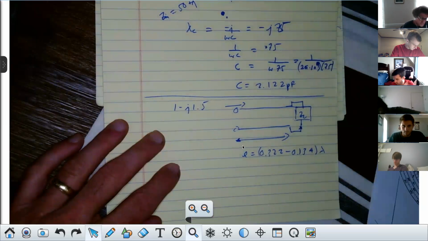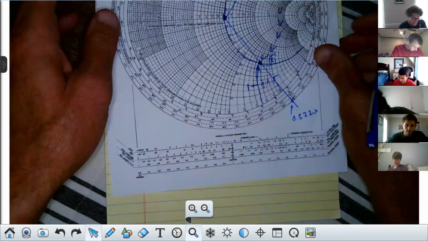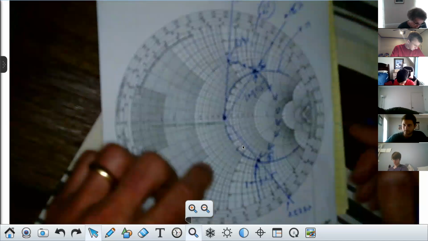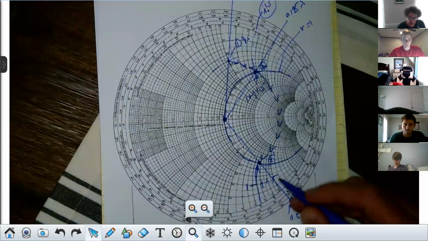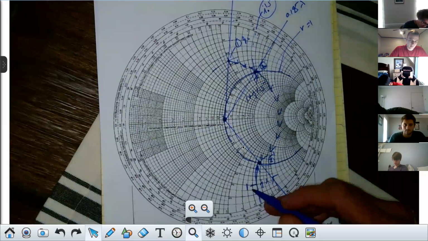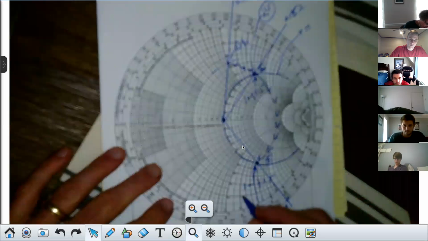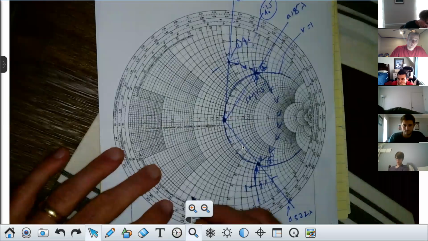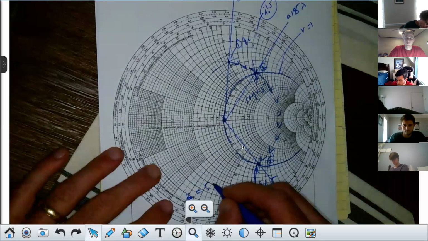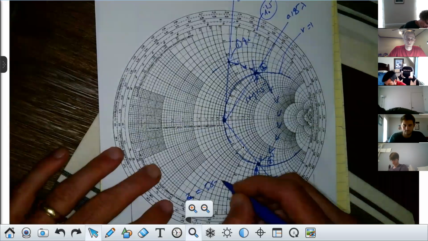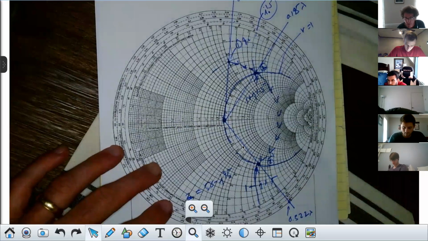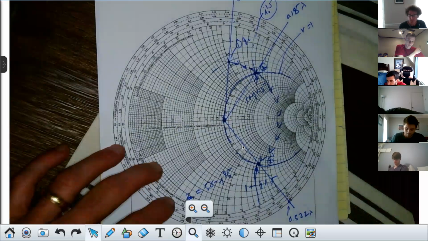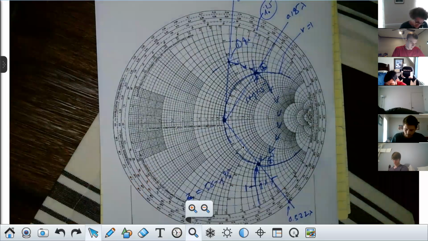In other words, this point right here has a normalized impedance of 1 minus j1.5. We need that 1, that's what we're after. That means the actual impedance would be equal to 50 minus j75. Do y'all agree with that? That's when we multiply it by the characteristic impedance that we initially used to normalize it.